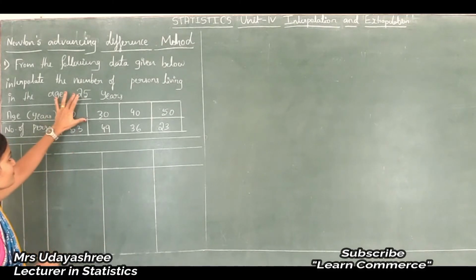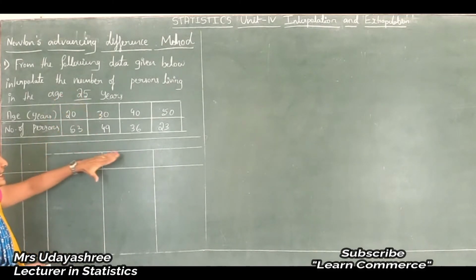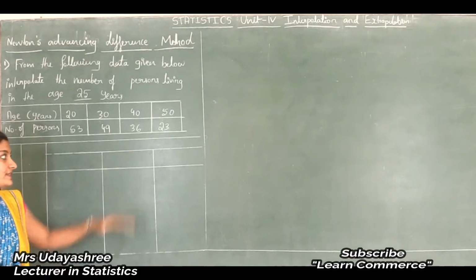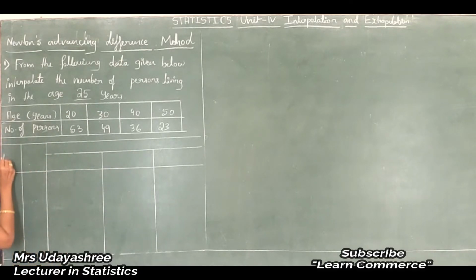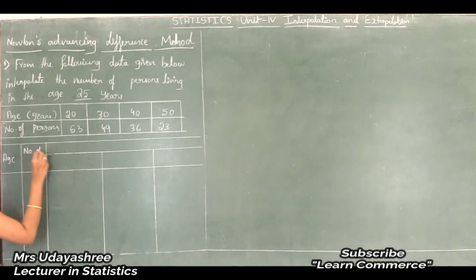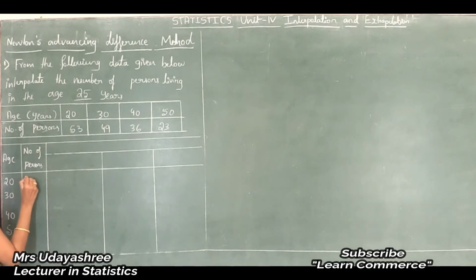Before that, we need to find the leading difference table. The first column is age, the second is number of persons. Ages are 20, 30, 40 and 50, number of persons 53, 49, 36 and 23.